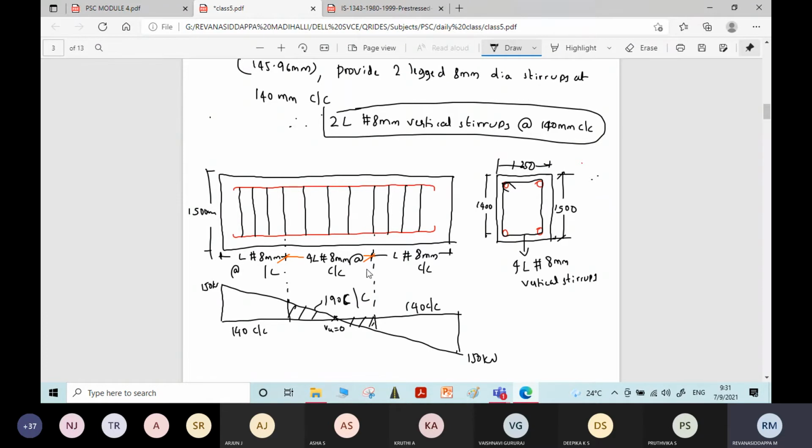Chosen 700. 700 mm center to center. Then at the support, the spacing chosen is 230 mm center to center. Okay, write the figure quickly.